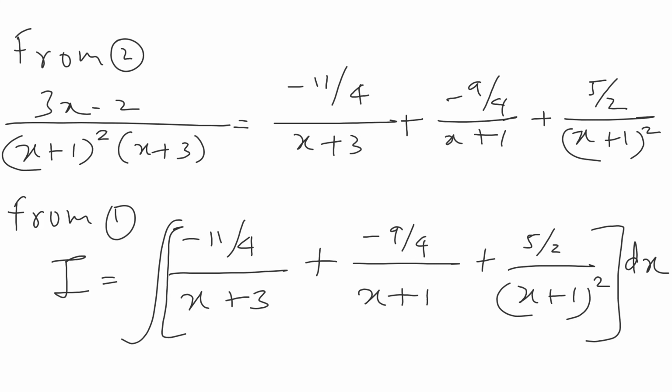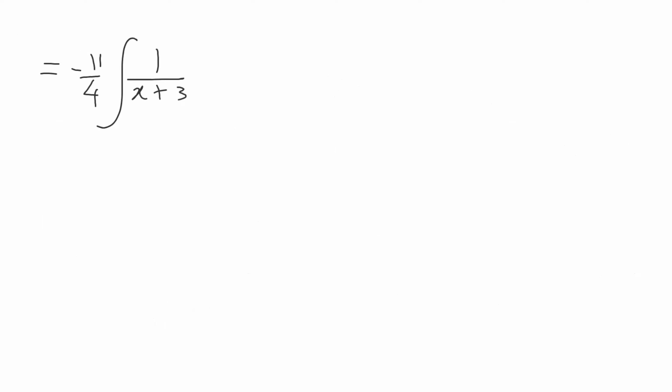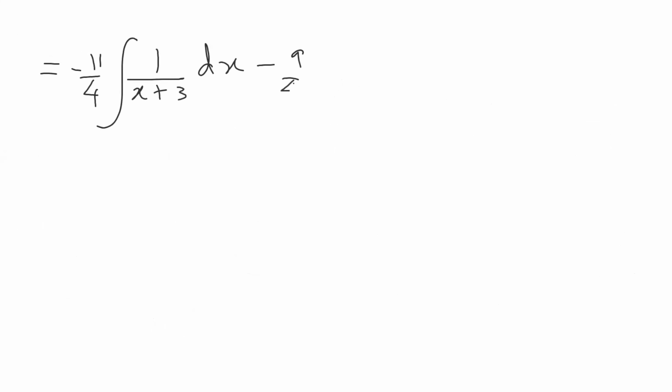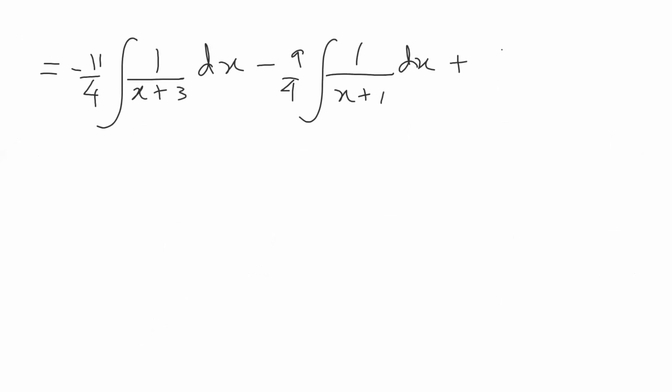We can take the constants outside and individually integrate this. Minus 11 by 4 upon 1 upon x plus 3 dx, minus 9 by 4 upon 1 upon x plus 1 dx, plus 5 by 2 upon 1 upon x plus 1 the whole square dx.